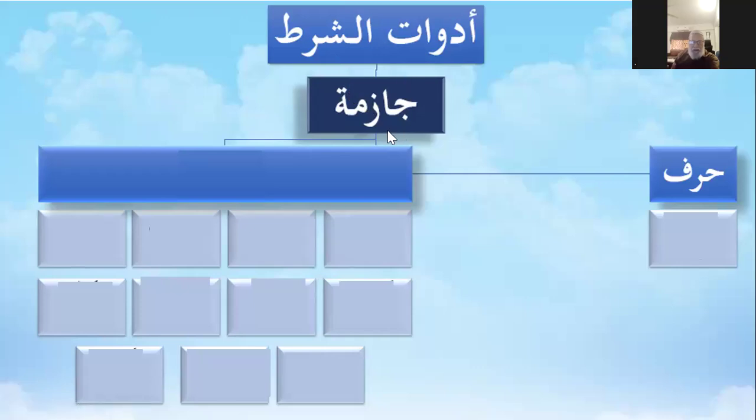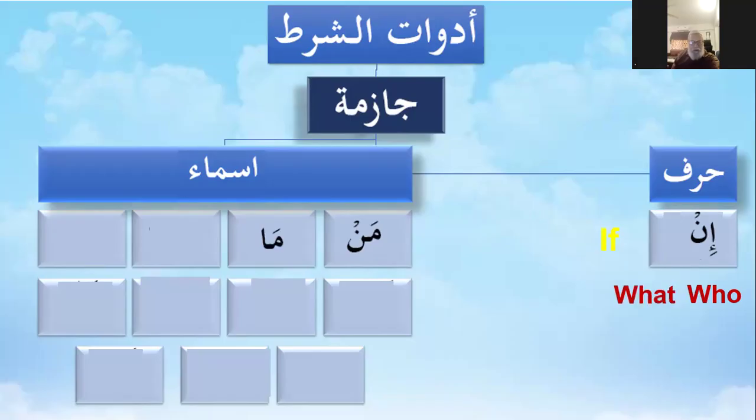Adawat shart jazima first. Among them we have a harf, that is in. And there are asma which give this jazm. One is man, meaning who. Ma, meaning what.